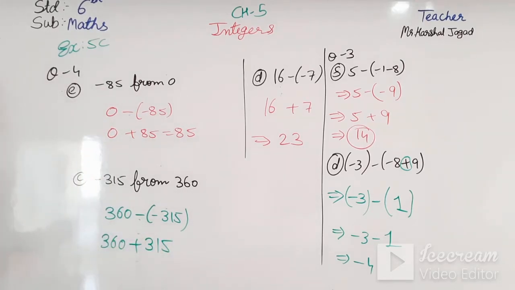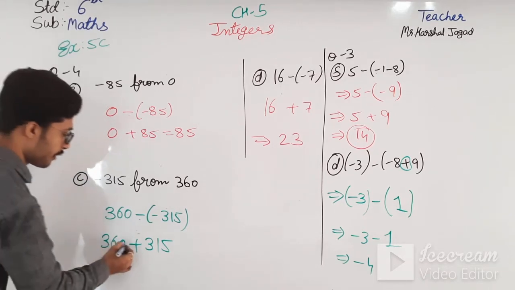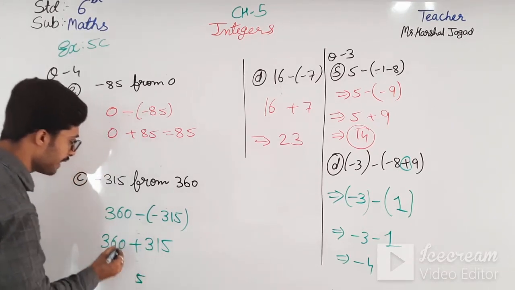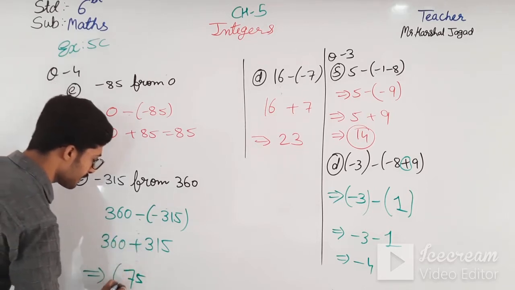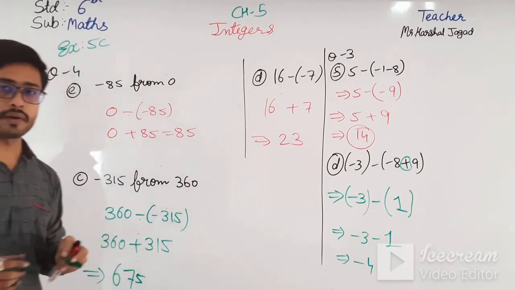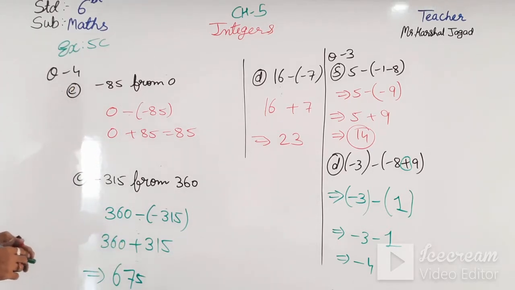Now adding this, 0 plus 5 will be 5, 6 plus 1 is 7, 3 plus 3 is 6. This is question number 4, E and C.